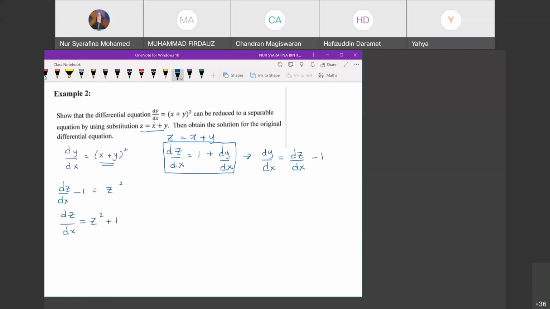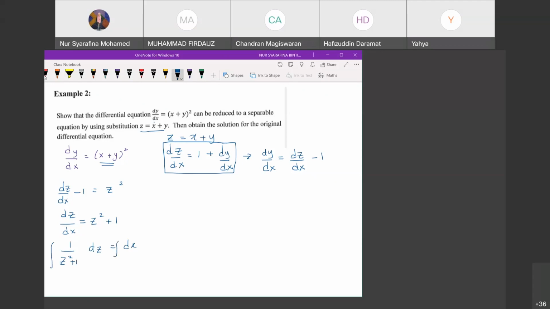Can you separate this? Yes. So what is the separated version? 1 over z squared plus 1 dz equals dx. Try to integrate both sides.